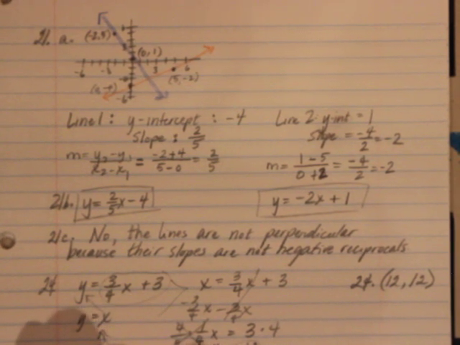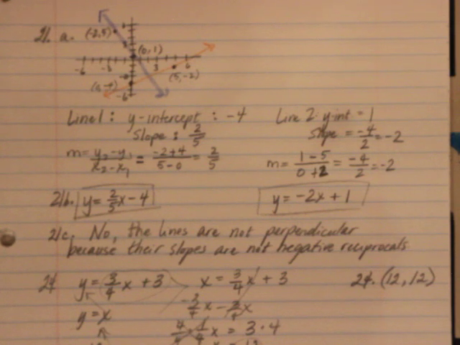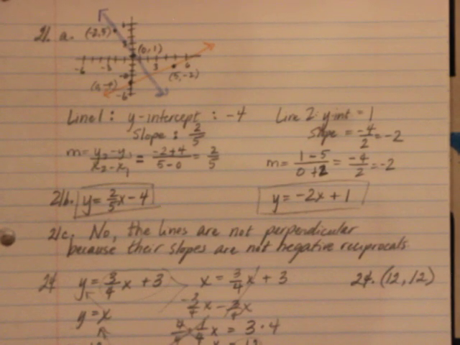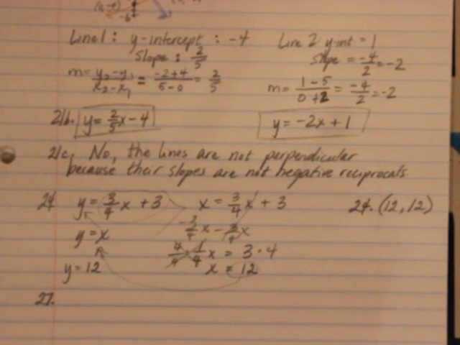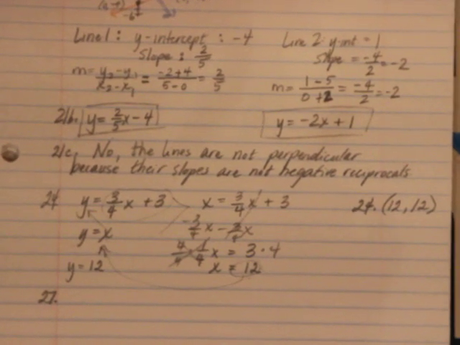Number 27. If two standard number cubes are rolled 100 times, predict the number of times that a sum of 7 or 11 will be rolled. All right, you guys, if you don't have that little chart in front of you, the one where we had all the sums listed for rolling two number cubes, and what they mean by that, a number cube has 6 sides to it, then we got to think a little bit.